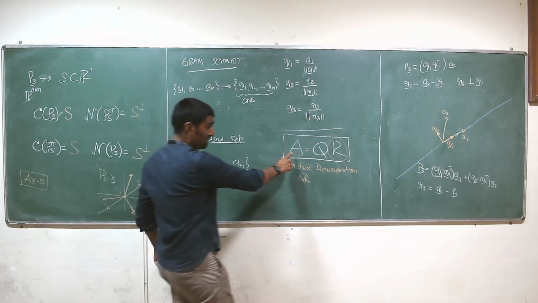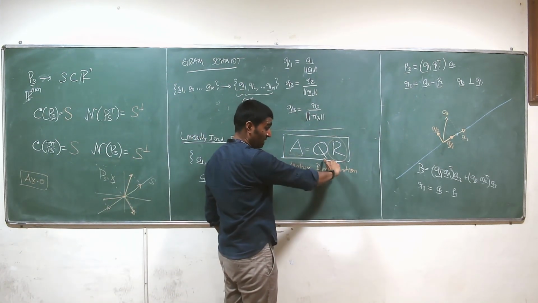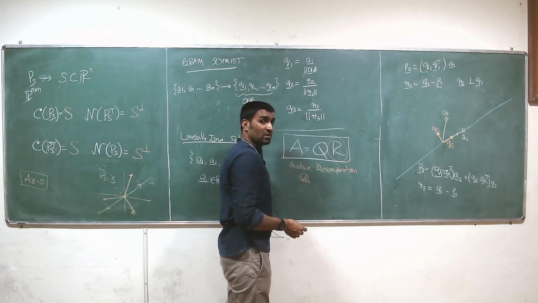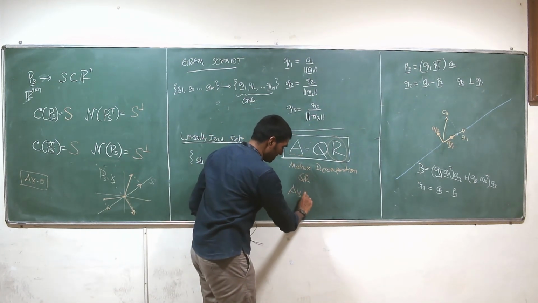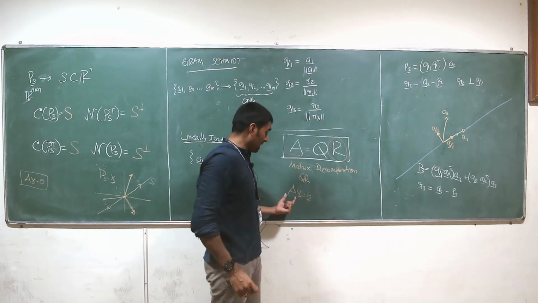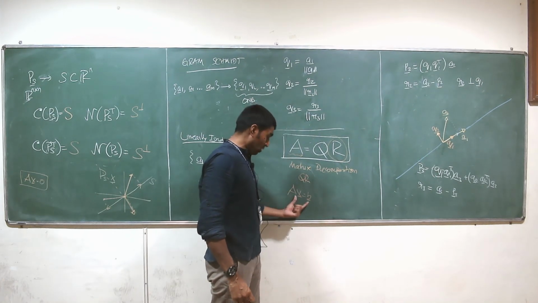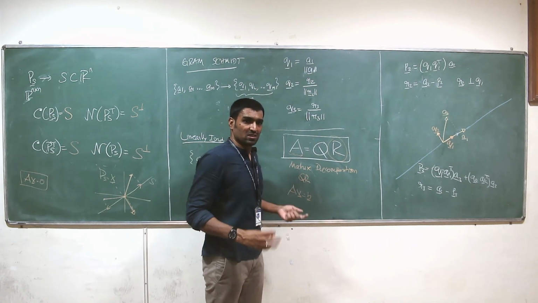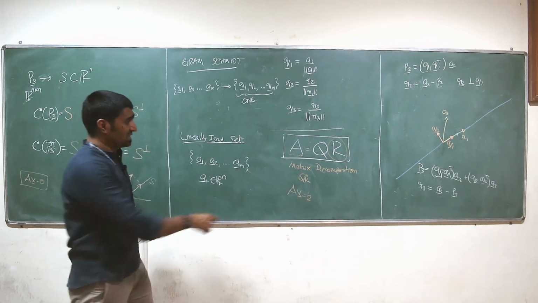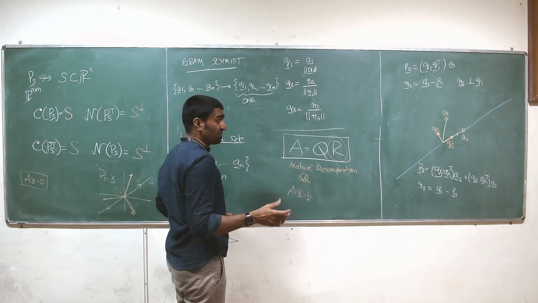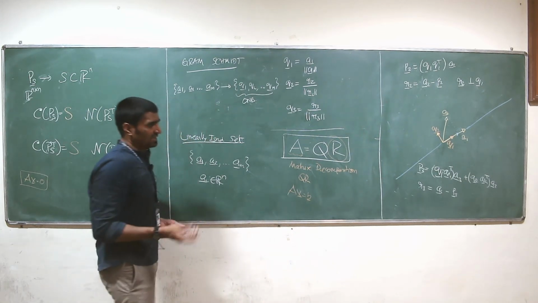And it turns out that if you have the QR decomposition, a lot of things become easier to do. In fact, solving Ax equals b is a lot simpler if you know the QR decomposition of A. Then solving Ax equals b for very large matrices is actually quite simple.